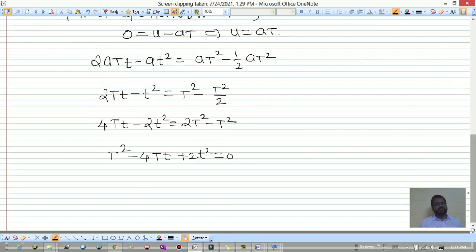Now this equation is quadratic in small t. So it is 2t squared minus 4 capital T small t plus capital T squared is equal to 0.